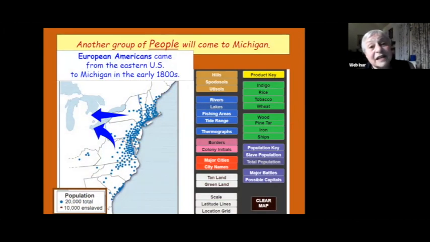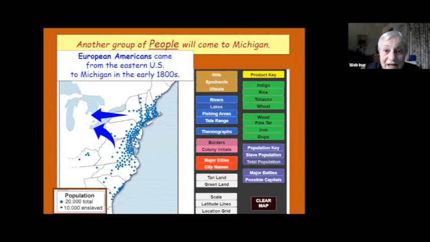But that is not the end of the story about people, because looming in the eastern U.S. was another set of people, European Americans. This is from another clickable map called early 1700s. I turned on the population layer, and there was a sizable number of people who wanted to come to Michigan.